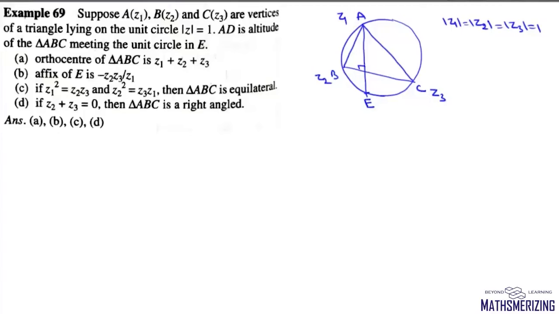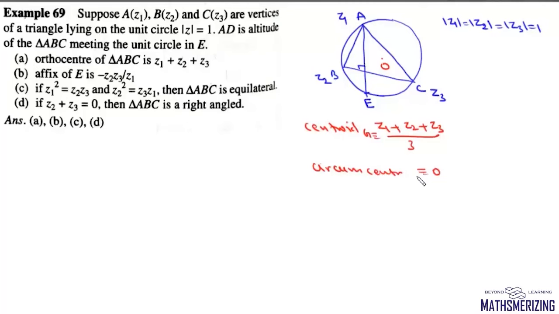Now first thing, we'll find its centroid. Now the centroid is at (Z1 plus Z2 plus Z3) by 3, and it is given by, say, G. Now since ABC lie on a unit circle with center at origin, its circumcenter is at origin.